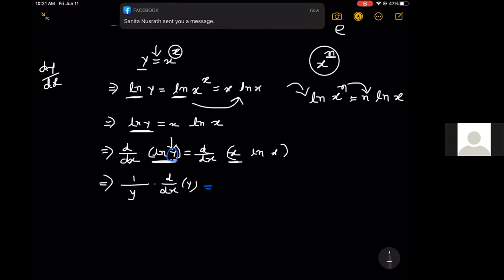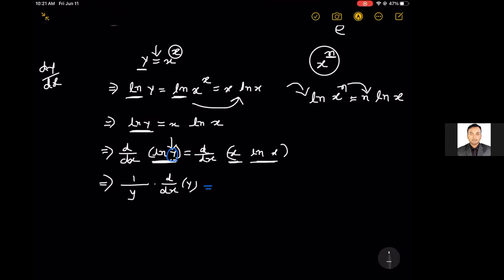It is a product of these two, right? So you can use the product rule. So let's keep x. What's the derivative of natural log of x? If you remember, for the product rule, we keep one function, find the derivative of the other, and we keep doing it for the other part.